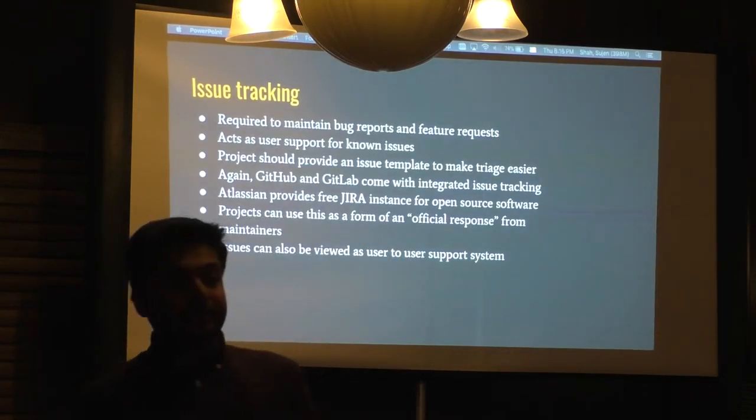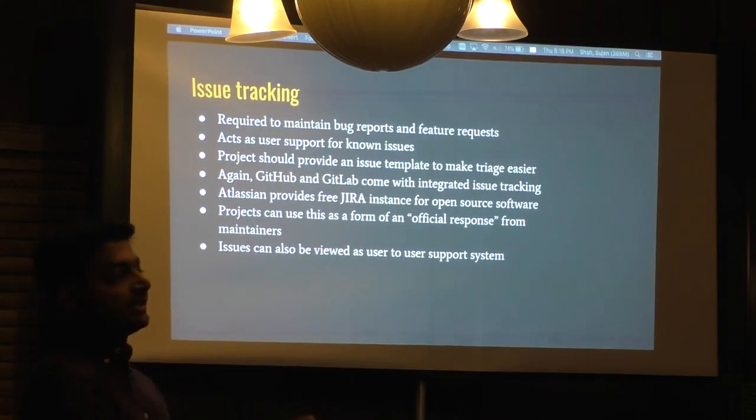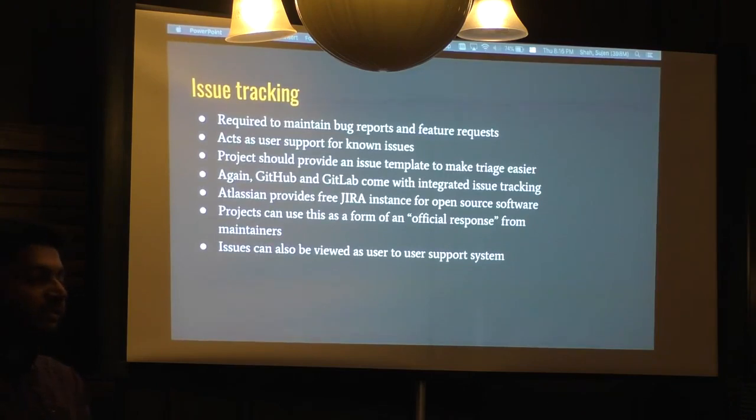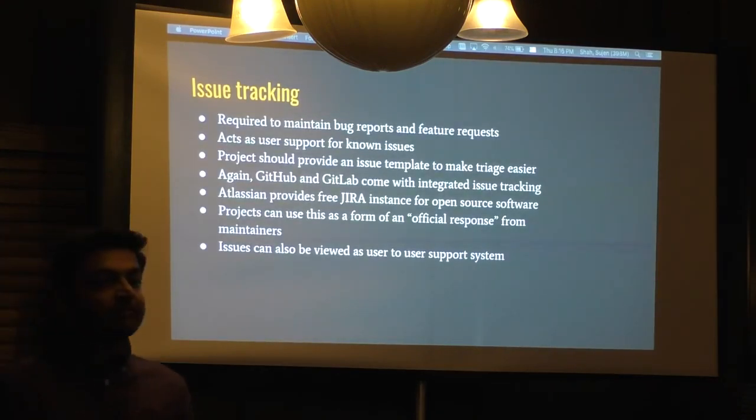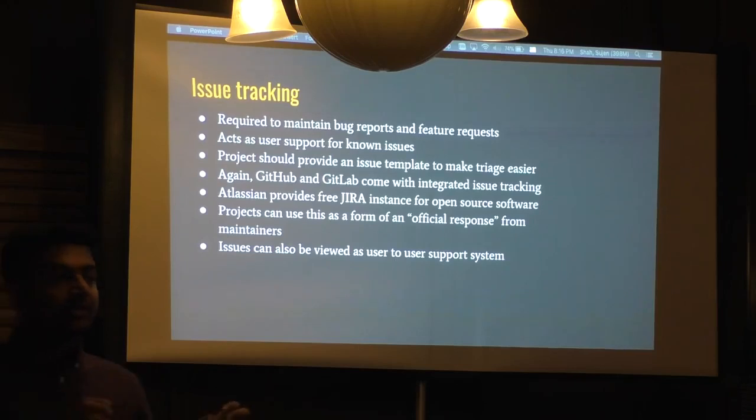The other advantage that I found of at least GitHub issues, when you search for something on Google, is that many of the times your issues are resolved user to user. It's like, hey, this guy is facing a problem, someone has commented on it, it resolves my issue, I don't need to open one again. Also, those issue tracking softwares can be used as an official response from the maintaining party of that software.